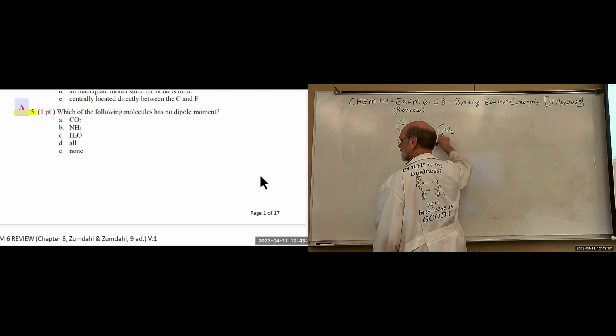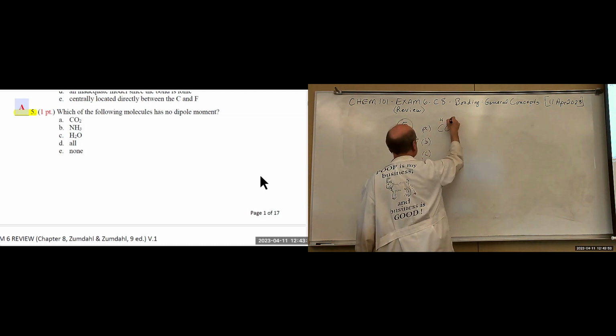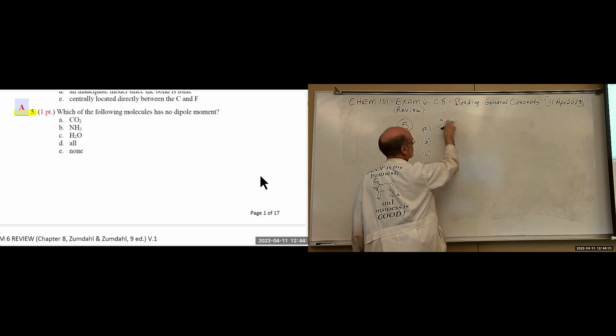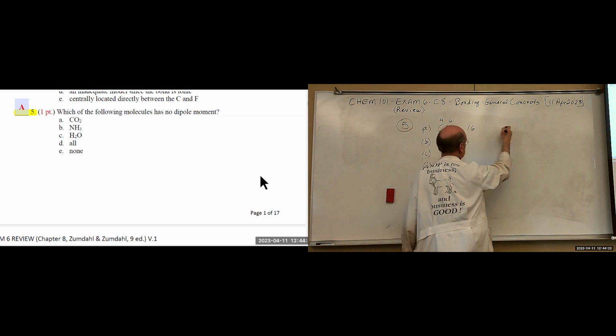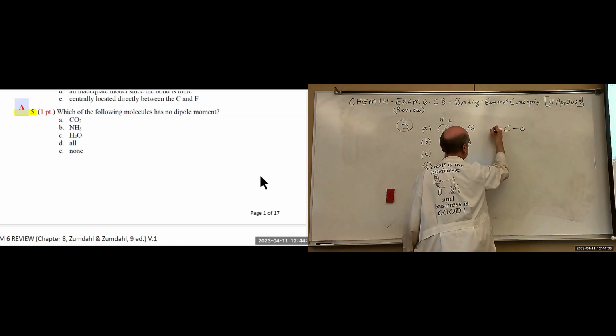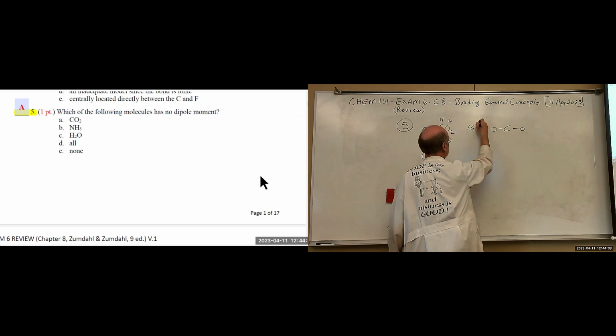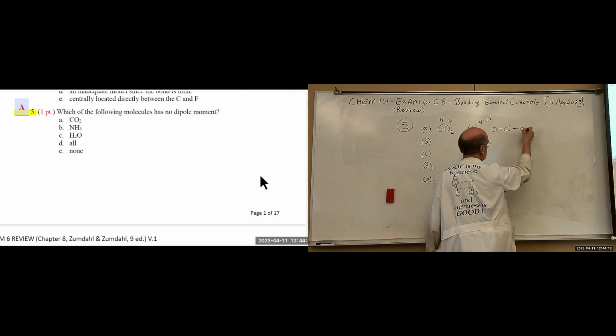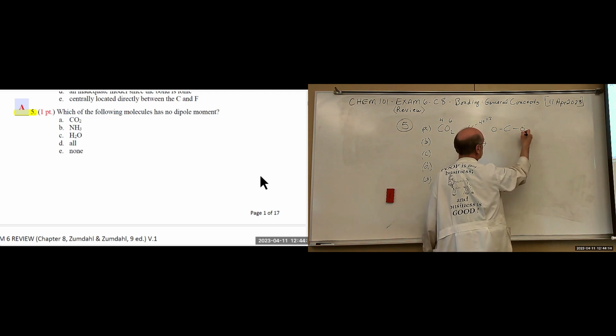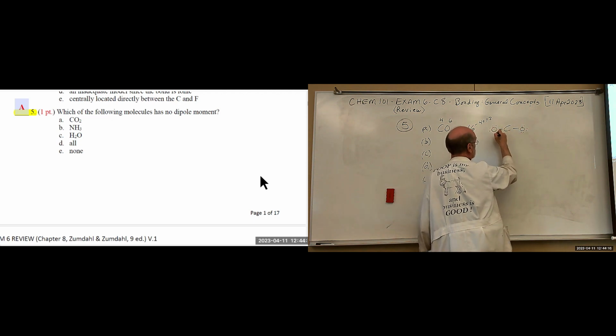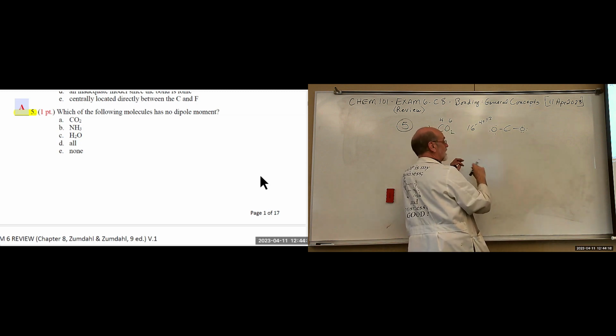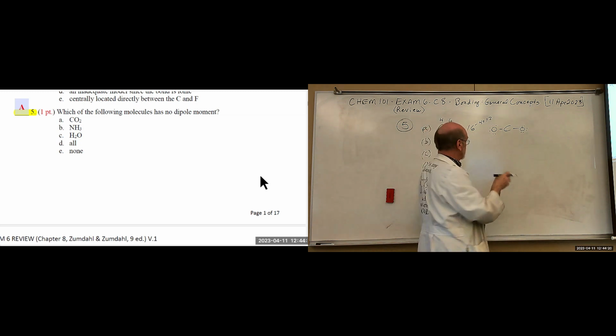So carbon has 4 electrons, oxygen has 6 times 2 is 12, so 12 and 4 is 16. So we have a carbon, we have an oxygen, oxygen. That's 2, 4. That means we have 12 left over. So 2, 4, 6. If we put them all around the oxygens, which you're supposed to do, work from the outside in, and then make your octets.